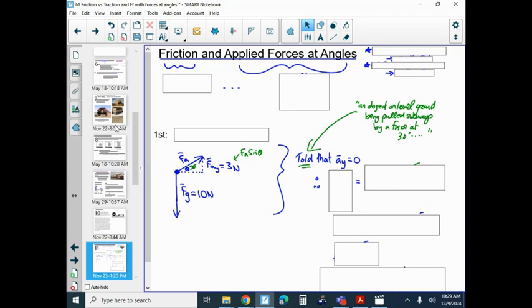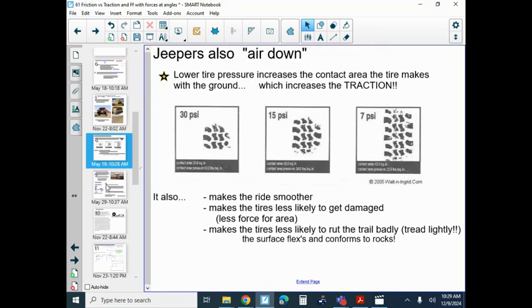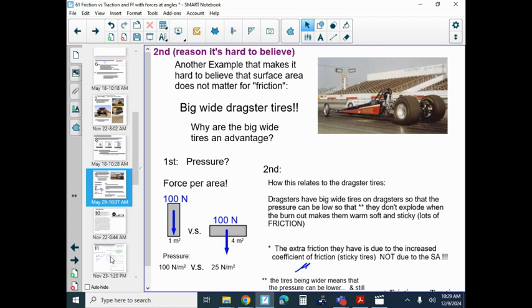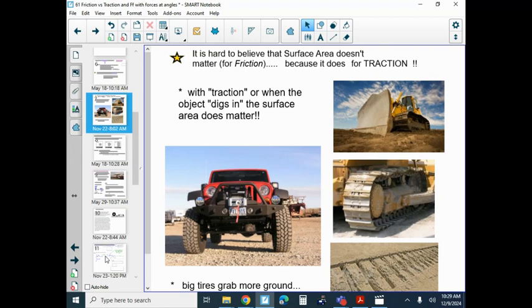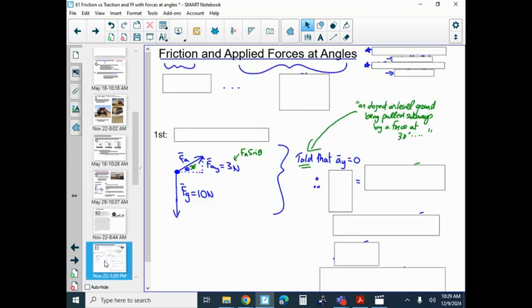So hopefully that helps you recognize that these traction situations are the big reason why it seems weird to smart, observant human beings that surface area should be a factor, but it's not.